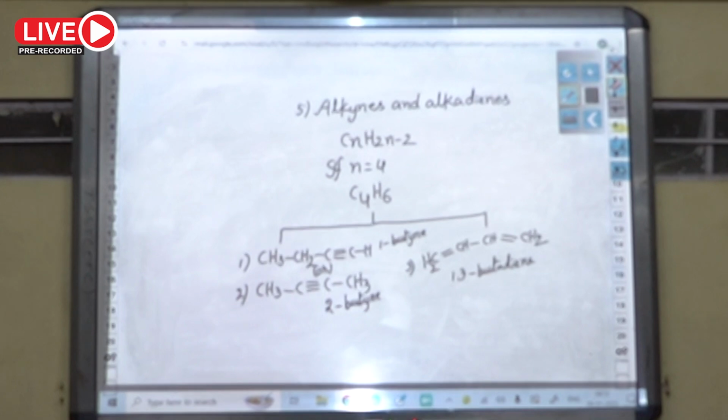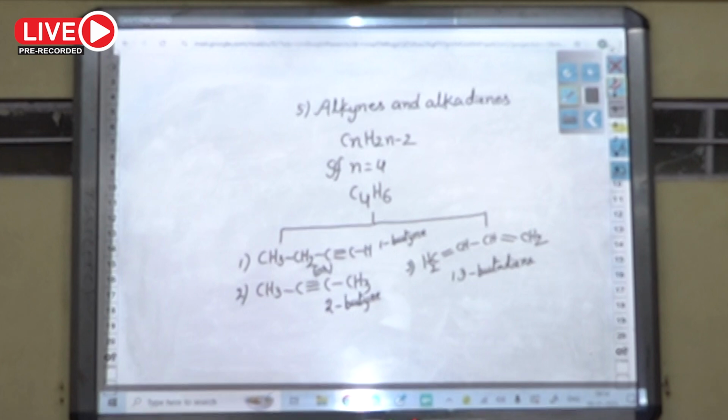They differ in the position of triple bond. They have the same molecular formula, but they differ in the position of triple bond. So 1 and 2 represent position isomers. 1 and 3 or 2 and 3 represent functional isomers, because triple bond is the functional group in alkynes, double bond is the functional group in alkenes.